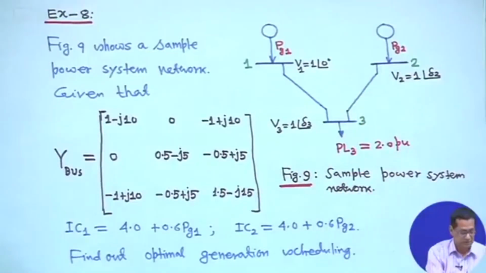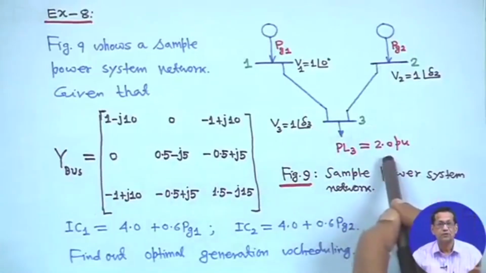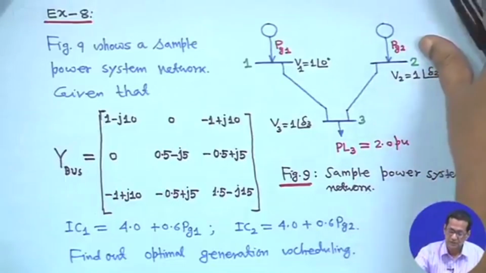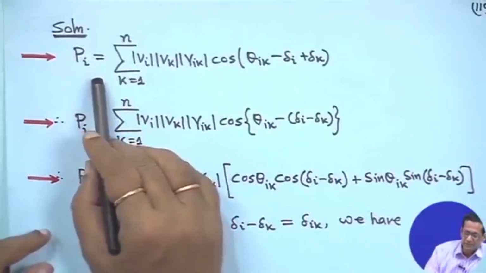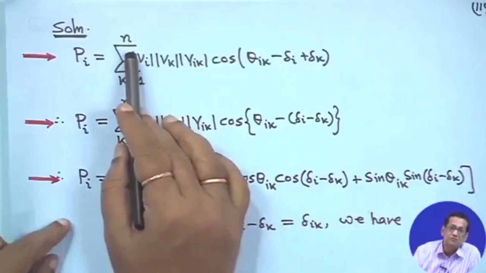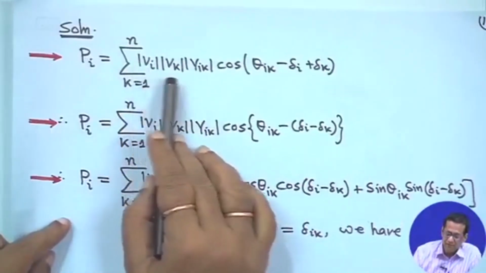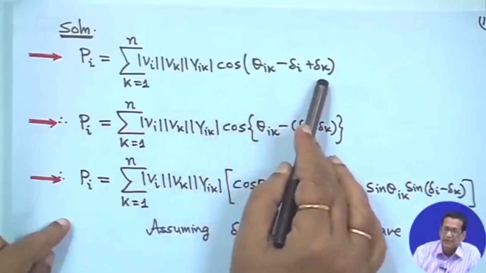At bus 3 no generator is there, there is a load of 2. I will show you the steps of how one can manage it. We know Pi is the power injection from the load flow studies, with the general formula Pi equal to the sum from k equal to 1 to n of magnitude Vi, magnitude Vk, magnitude Yik, cosine of theta ik minus delta i plus delta k.